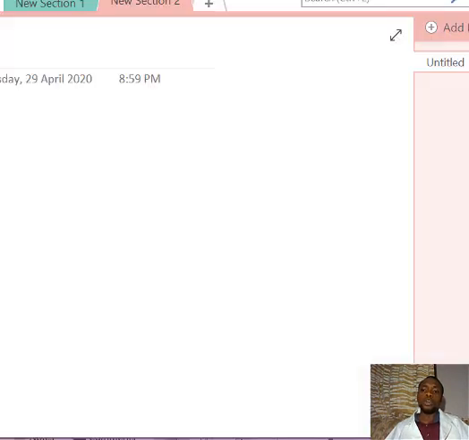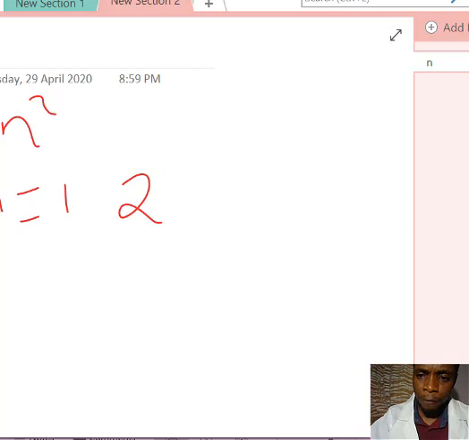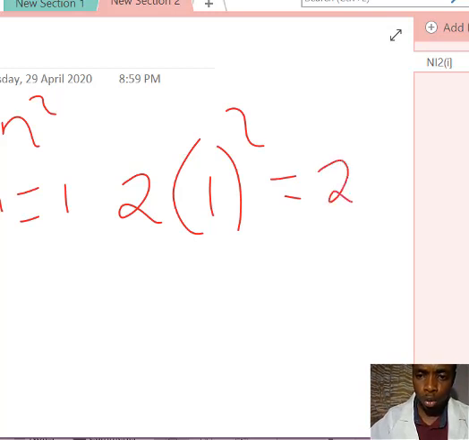So by calculation, if n equals 1, you have 2 into 1 raised to the power of 2, which gives us 1 times 2, which is 2, meaning energy level 1 can accommodate 2 electrons.